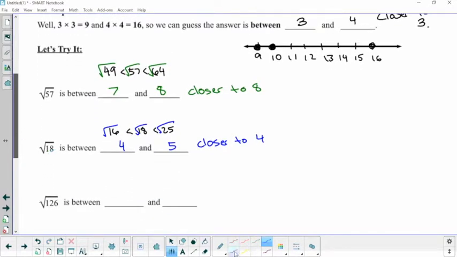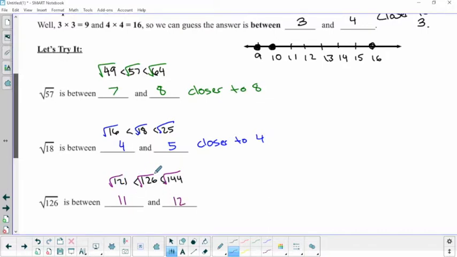Square root of 126. 126 is between 121 and 144. So then I'm finding the square root of all of these things. 121 is the same thing as 11 times 11. 144 is 12 times 12.